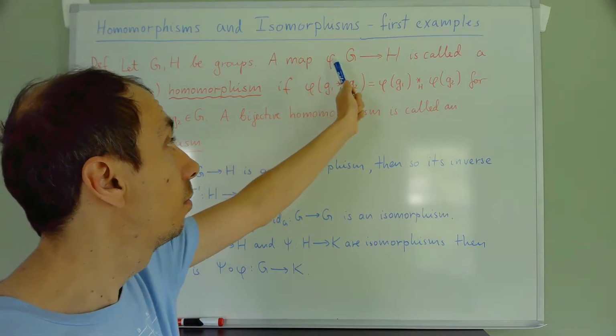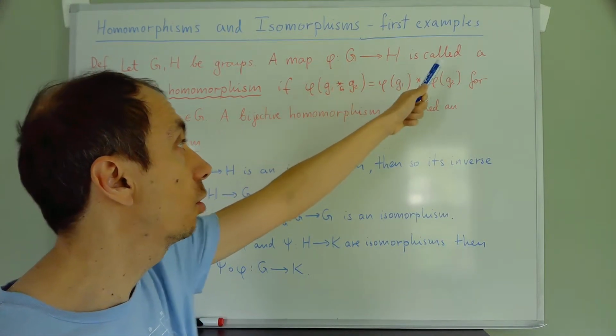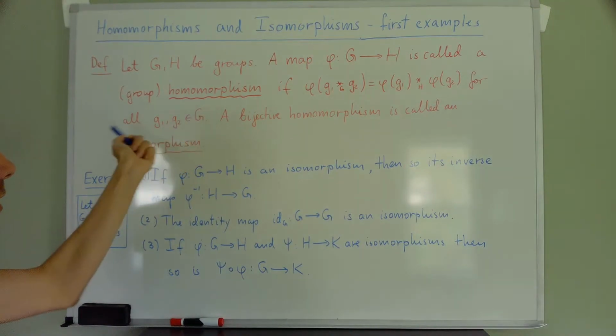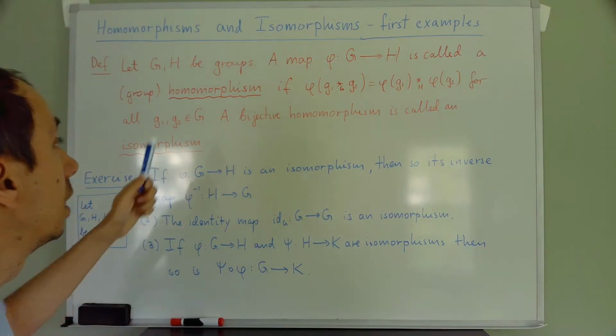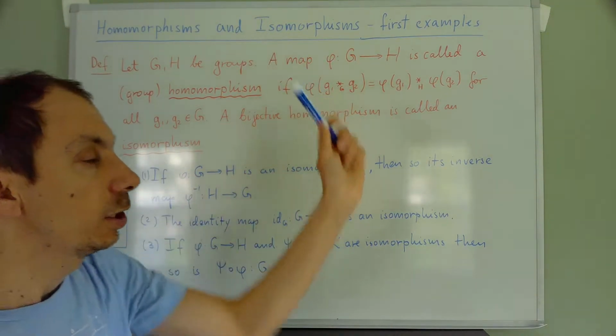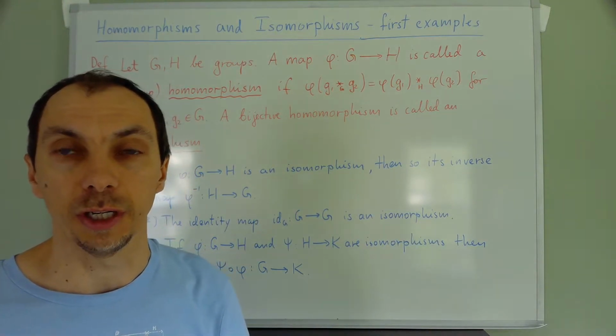So a map phi from G to H is called a homomorphism, sometimes a group homomorphism, if it preserves the group operation.